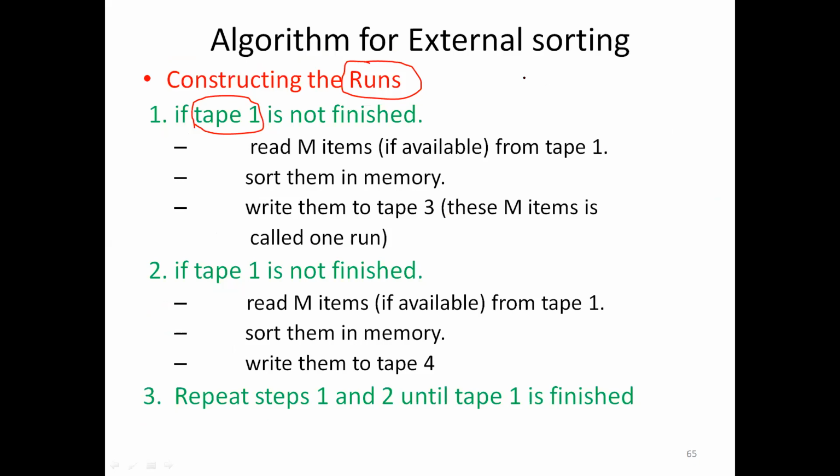For example, in my algorithm I am considering 4 tapes: tape 1, tape 2, tape 3, tape 4. All these tapes are nothing but the external hard disk. Tape 1 consists of the elements, I mean the records.